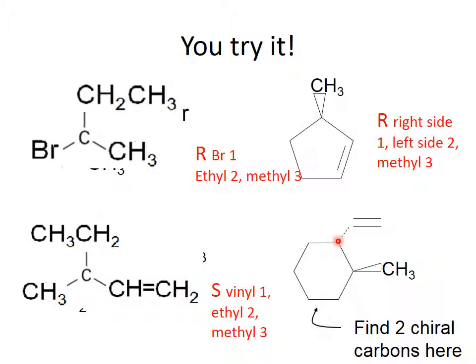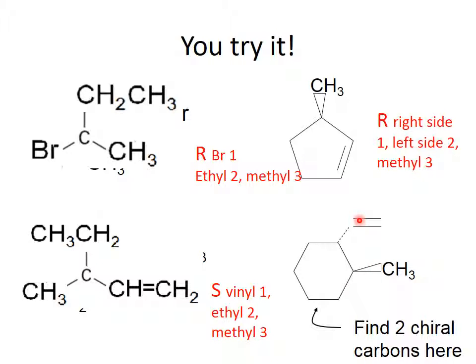Let's start with this one up here. You can see the hydrogen's coming out, so I know whatever rotation I get will be opposite to assign the right configuration. The highest priority group, this one's a little bit hard to figure out. There's one carbon here, one carbon here. Here there's one carbon attached to two carbons.